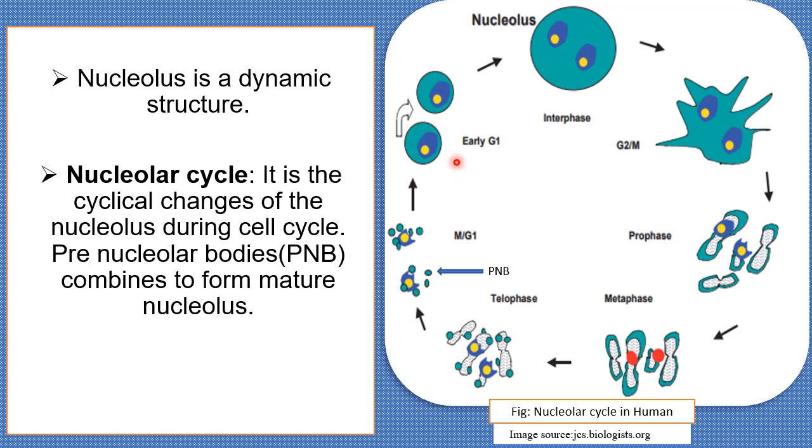The formation of the nucleolus generally takes place in two steps. First, certain small prenuclear bodies are formed, and then these prenuclear bodies associate with each other to form a common nucleolus. Thus, during various stages of the cell cycle, assembly and disassembly of the nucleolus takes place.